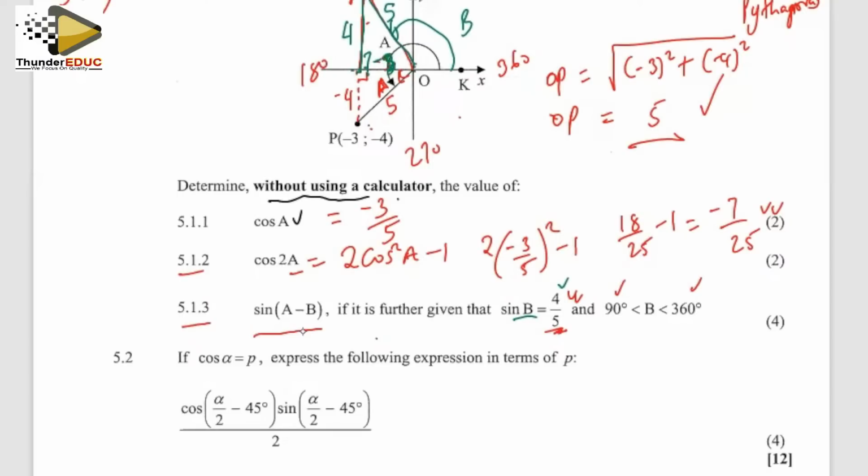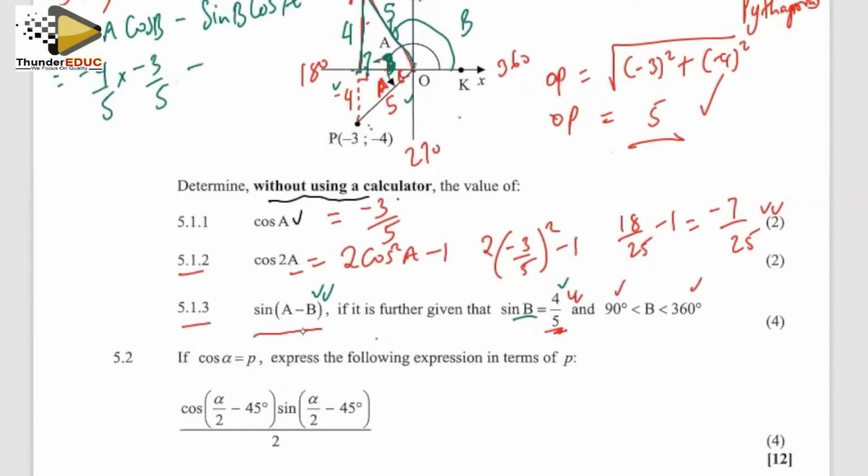Okay, so let's break this down using the compound angles. So sine of A minus B is going to be the same as sine A cos of B minus sine B cos of A. Yeah, whichever format it is, but it is like that. Then sine of A, we said it's going to be opposite over hypotenuse. So -4 over 5 times the cos of B, which is adjacent over hypotenuse, -3 over 5.